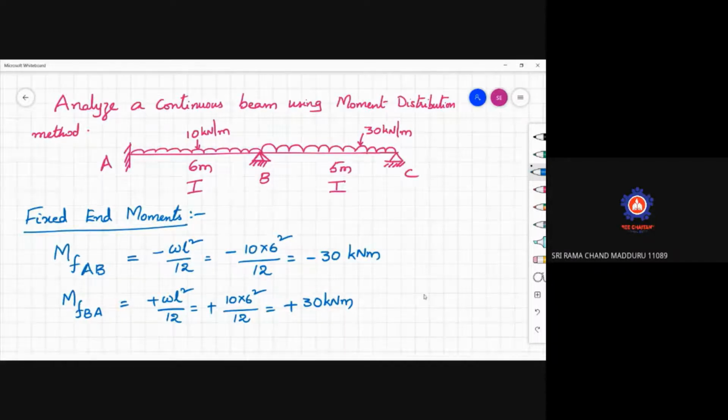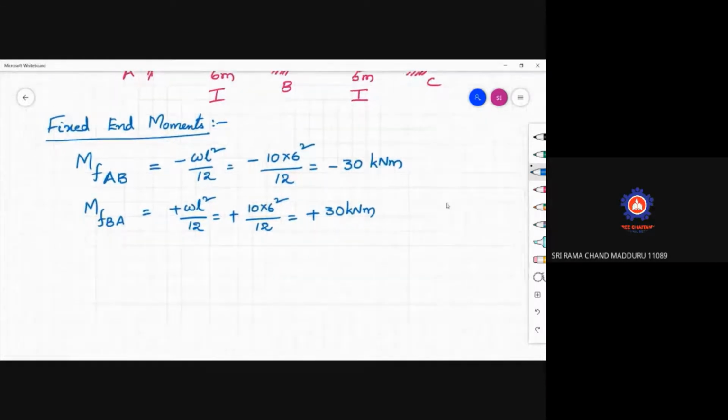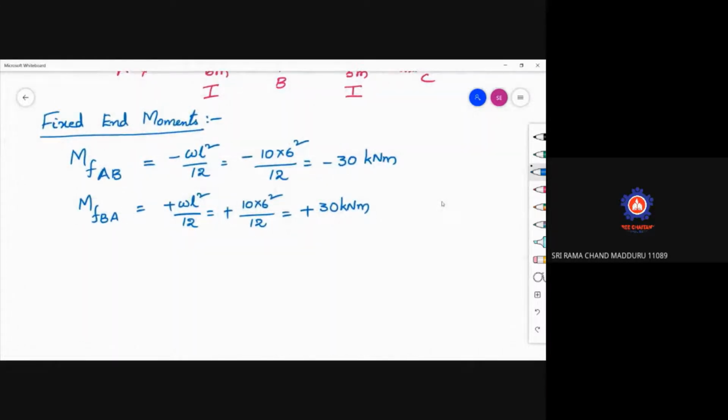Now calculating for span BC. The fixed end moments are calculated by considering the supports as fixed. MFBC is equal to minus WL square by 12, in this minus 30 into the span of BC, which is 5 meters, so 5 square by 12.